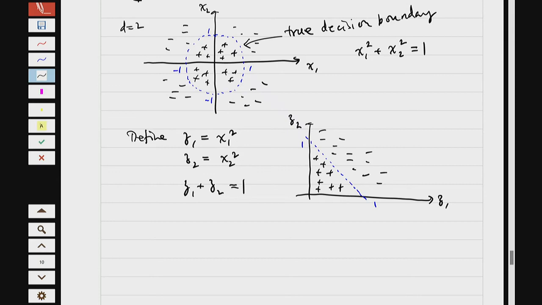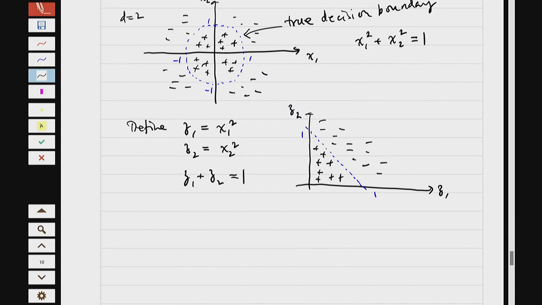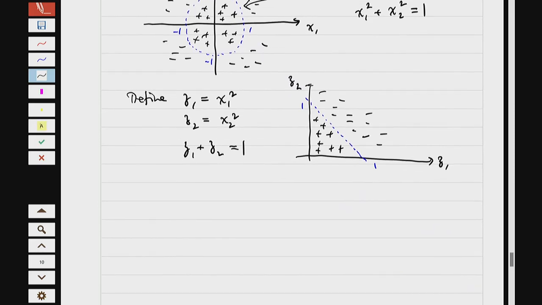And clearly in the Z space, the points are linearly separable, right? So then we can run our perceptron learning algorithm, for example, to find this line. So that's the idea of using a nonlinear transformation first, and then you apply your linear methods. So let's suppose that you run PLA in your Z space, and it gives you a solution that is exactly right.